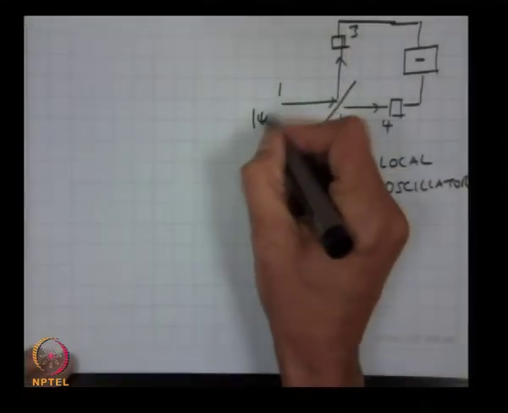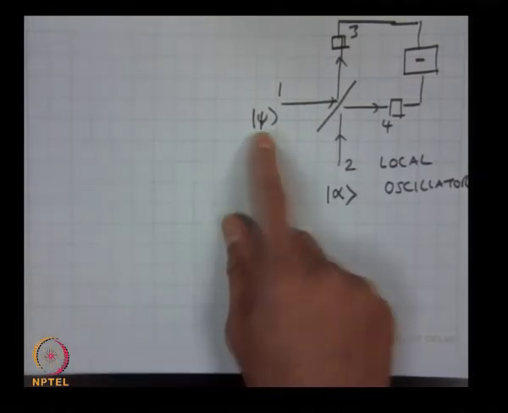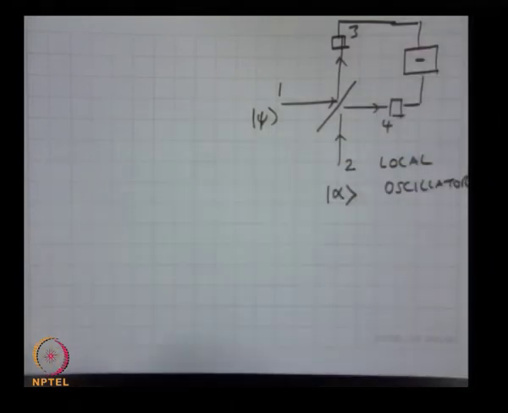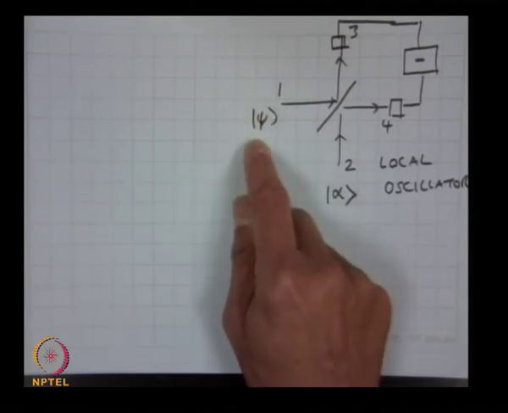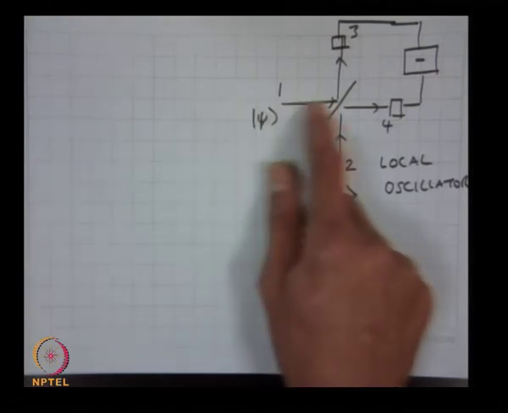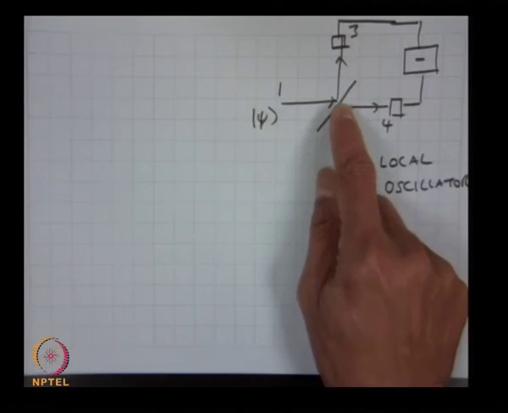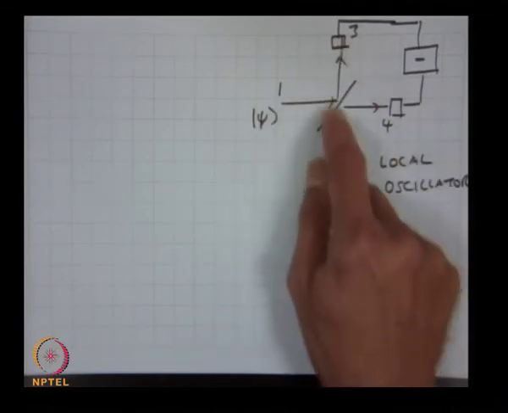Okay, so this is the input state which I am trying to find out, which I am trying to measure. This could be the squeezed state, this could be a number state, whatever it is. I'm trying to do measurements on this state, measurements dependent on phase. So what I do is, I send the state from here on a beam splitter. I have a local oscillator which sends in a coherent state. The beam splitter mixes these two beams in this arm and in this arm.